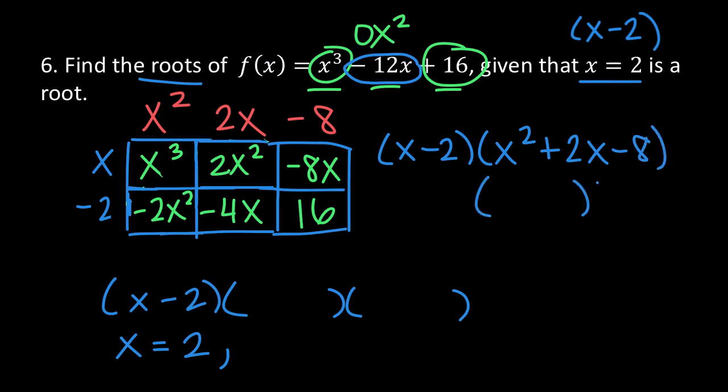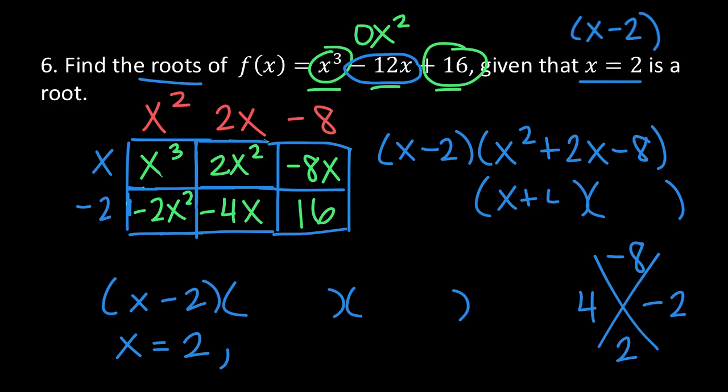Can this be factored? We need numbers that multiply to get negative 8 and add to get 2. So I'm going to do 4 times negative 2. Those multiply to get negative 8 and they add to get 2. So x plus 4, x minus 2, and I'm going to bring down the x minus 2. So that is here.